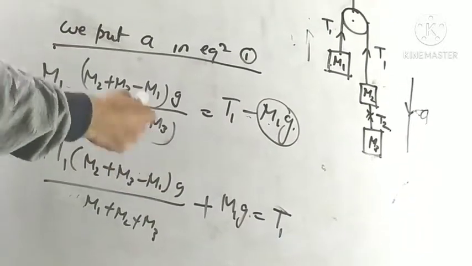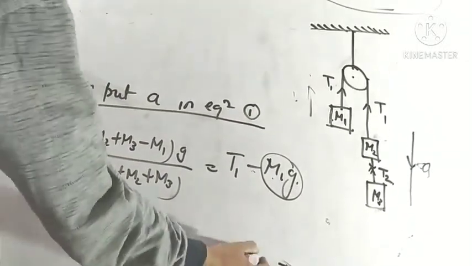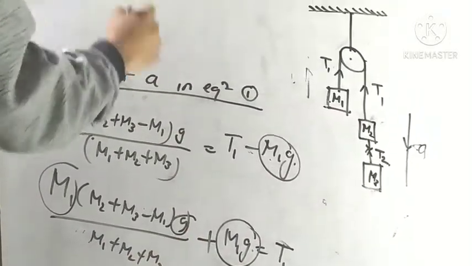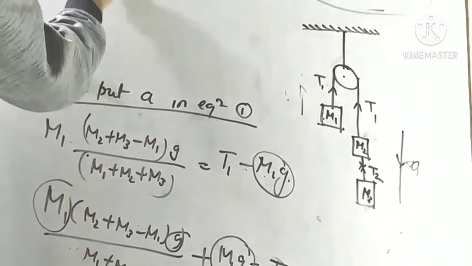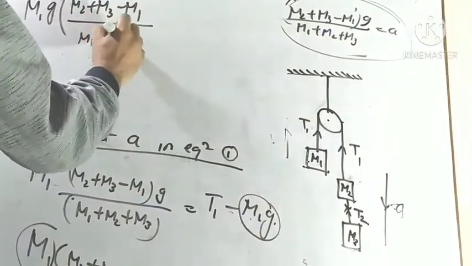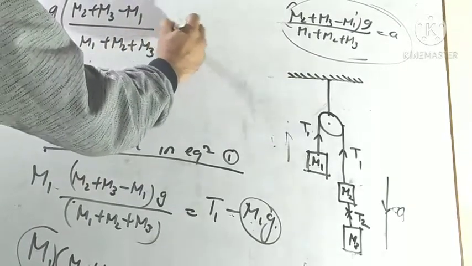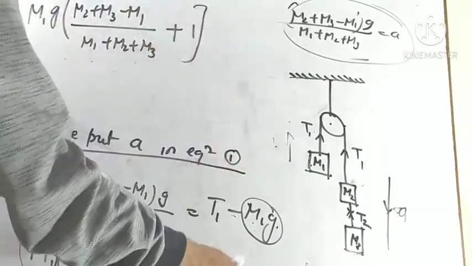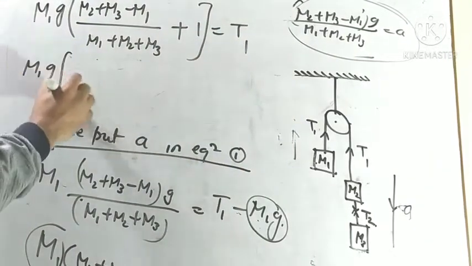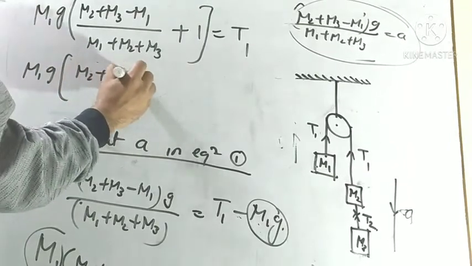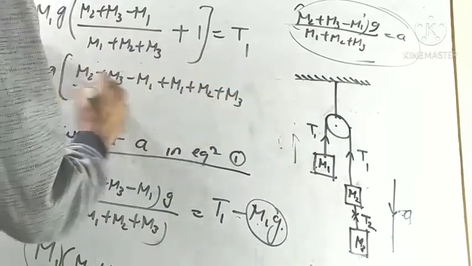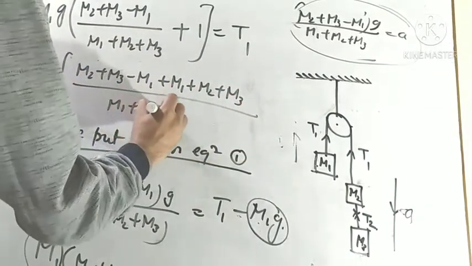So we take M1G common, and what is left inside this bracket is M2 plus M3 minus M1 upon M1 plus M2 plus M3, plus 1. So T1 equals M1G times M2 plus M3 minus M1 plus M1 plus M2 plus M3, over M1 plus M2 plus M3.